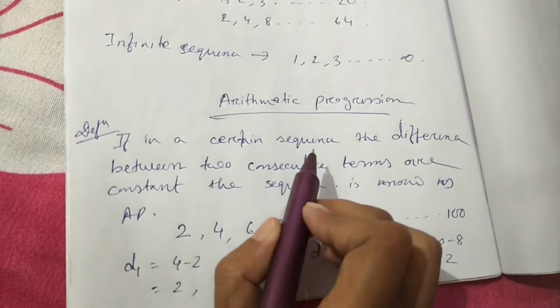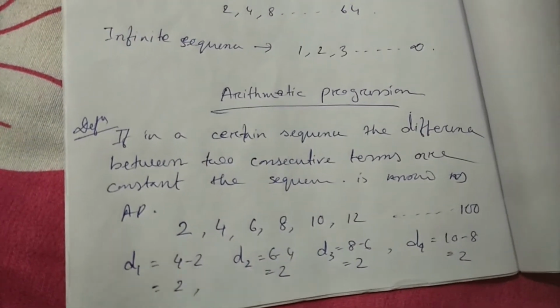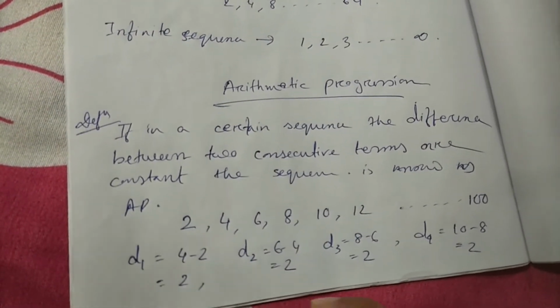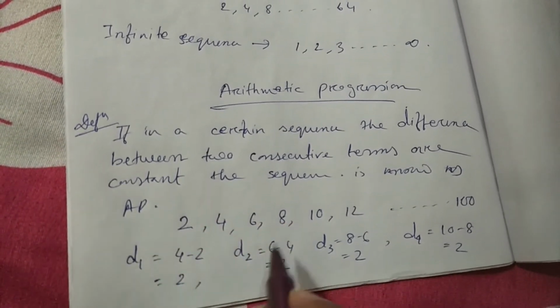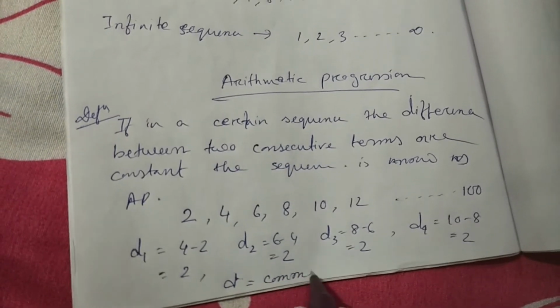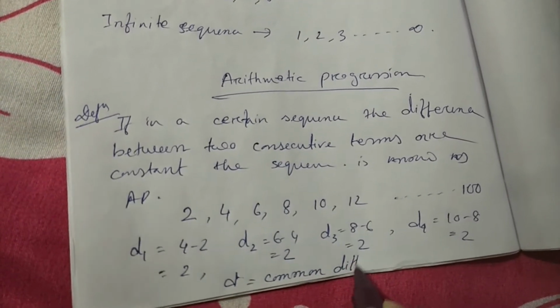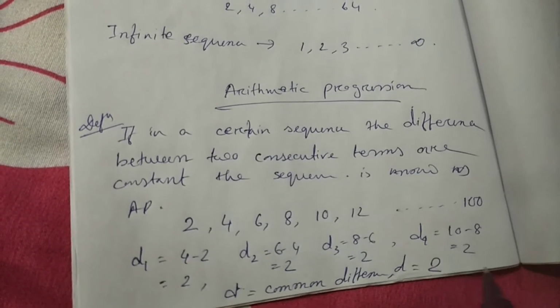This is the main criterion for a sequence to be in AP, and that difference is called the common difference, normally denoted by d, and here it is 2.